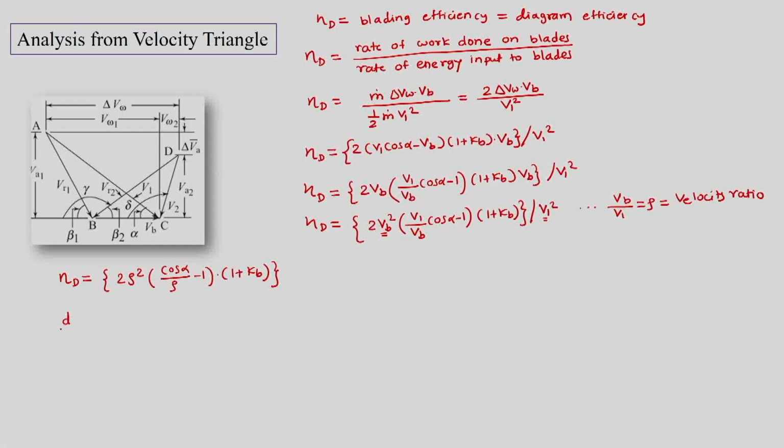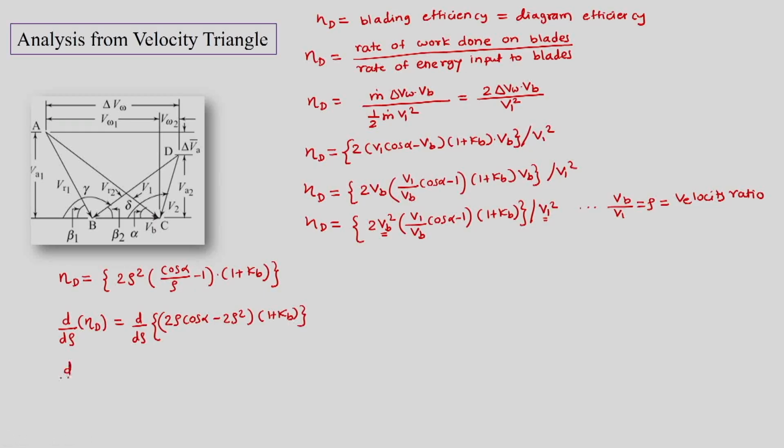So let us differentiate this diagram efficiency with respect to rho, and then we get 2 into d by d rho of (twice rho cos alpha minus rho square minus twice rho square) into (1 plus KB).